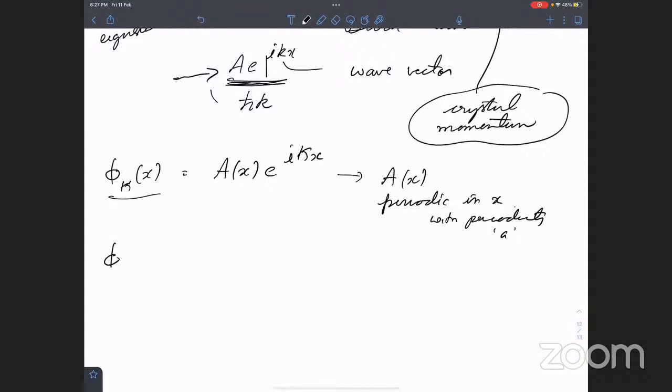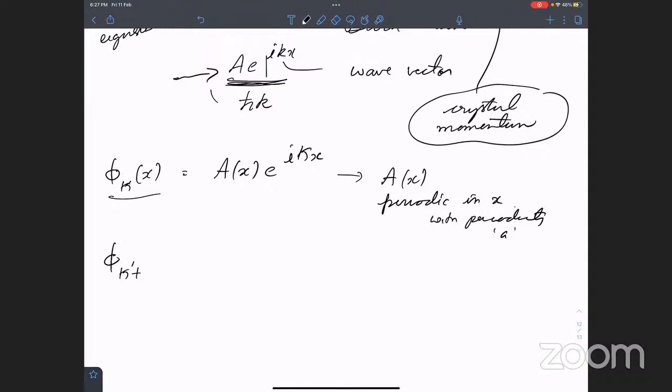Now I'm going to imagine another wave function with a Bloch wave vector K bar.